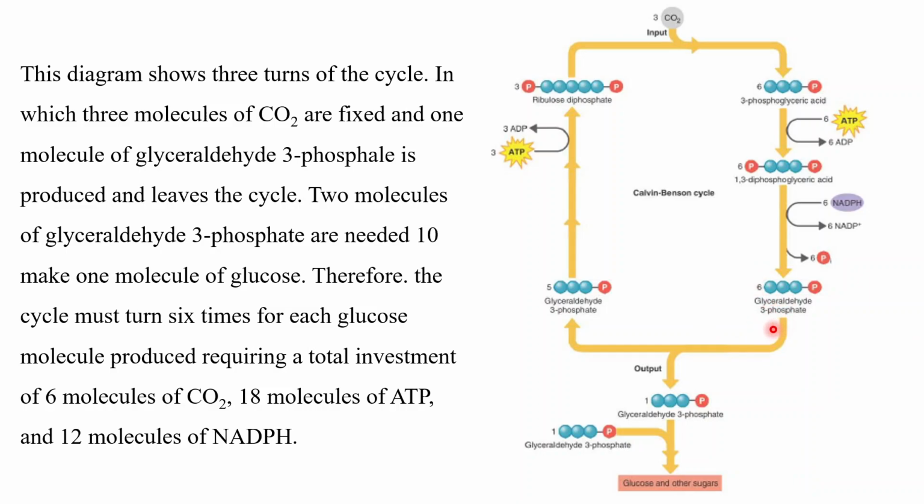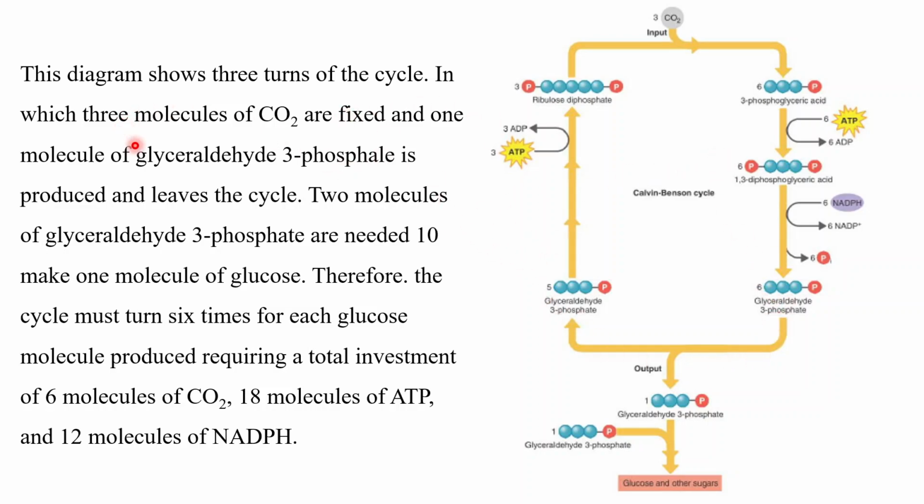So glyceraldehyde 3-phosphate leaves this cycle. Whatever remaining glyceraldehyde 3-phosphate is there will again get recycled to make ribulose diphosphate, the 5-carbon molecule. In this 5-carbon molecule, again a CO2 will be incorporated and become a 6-carbon molecule. That 6-carbon molecule will divide into two 3-carbon molecules. Those will get converted into glyceraldehyde 3-phosphate, which is also a 3-carbon molecule, and similarly the cycle keeps on going.